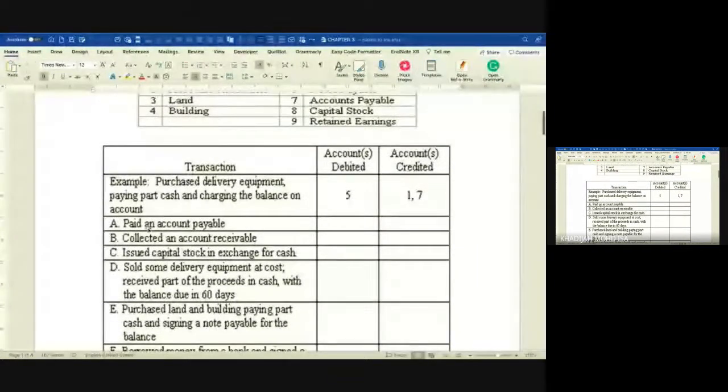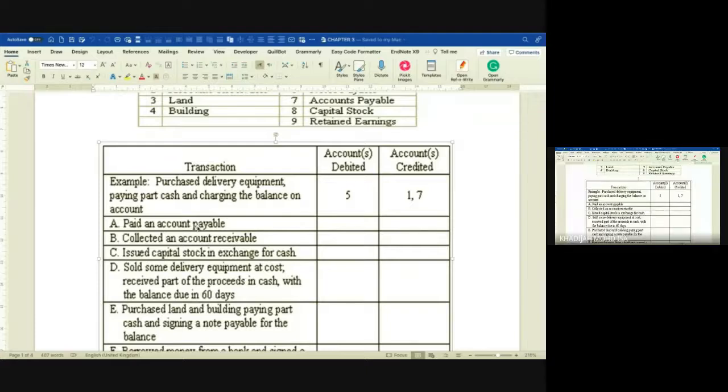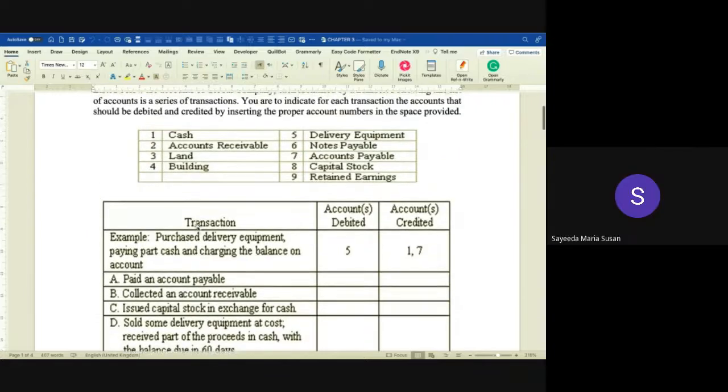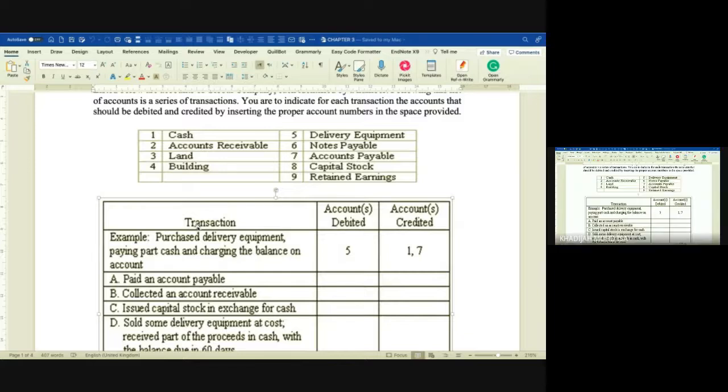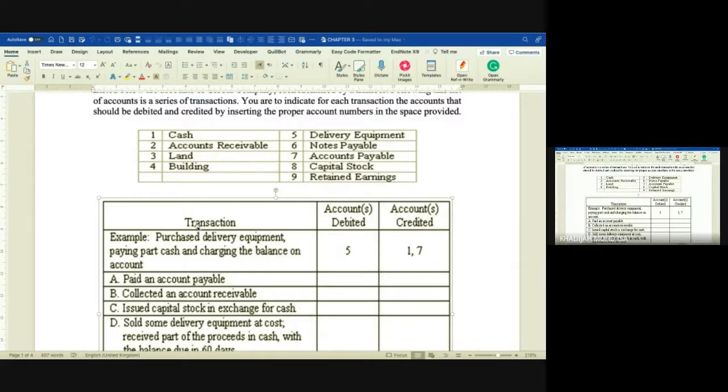Okay, let's look at the next one. Now you pay an account payable. What happens when you pay your account payable? What are the accounts involved? Accounts payable is your liability.